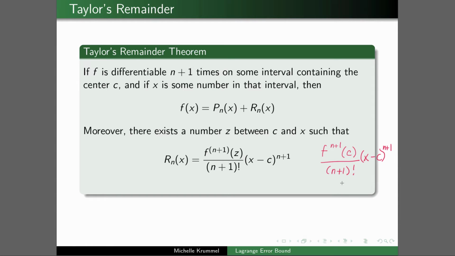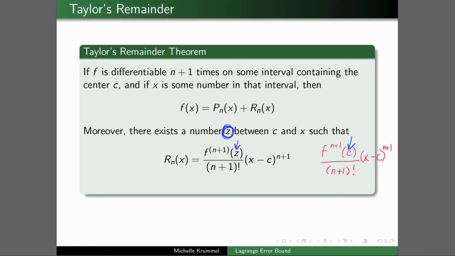So if we compare these two expressions, the only difference is that in our Taylor polynomial, we're evaluating the derivative at the center c, and in our remainder, we're evaluating the derivative at some other number z, not at the center, but some other magic number z. So Taylor's remainder theorem is an existence theorem.